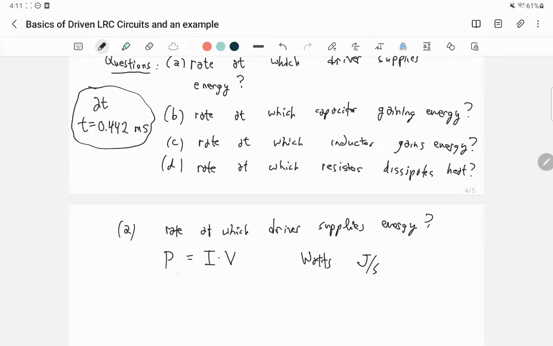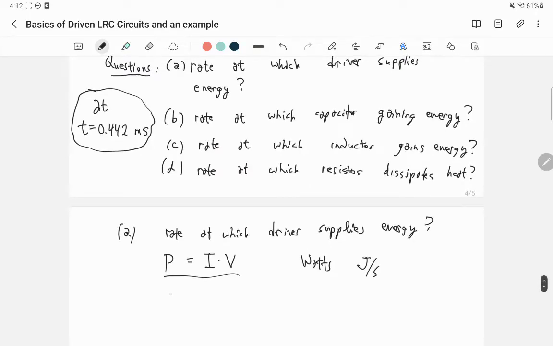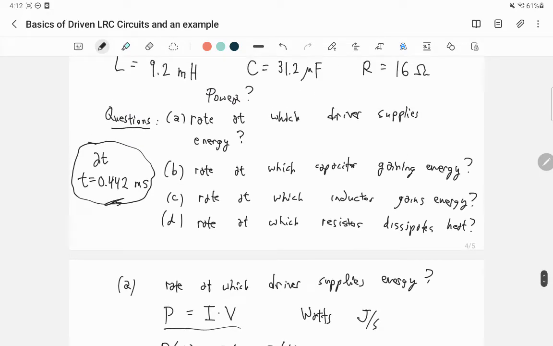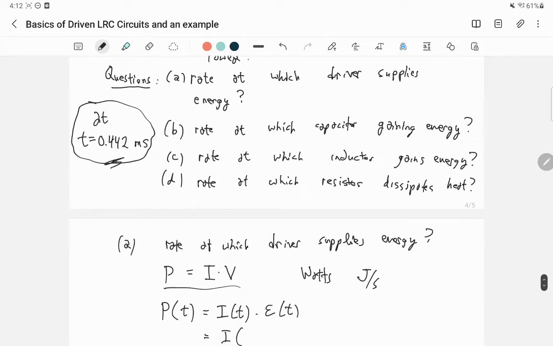Okay, so this actually is what we're going to use. In order to use this, the power at a particular time is equal to the current at a particular time times the voltage at a particular time. So the time that we're interested in is this 0.442 milliseconds.